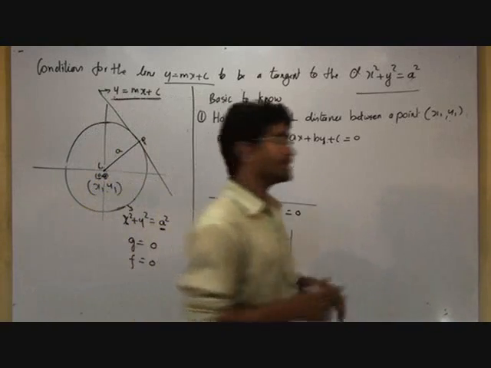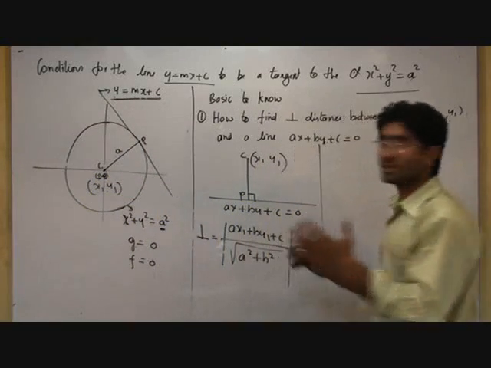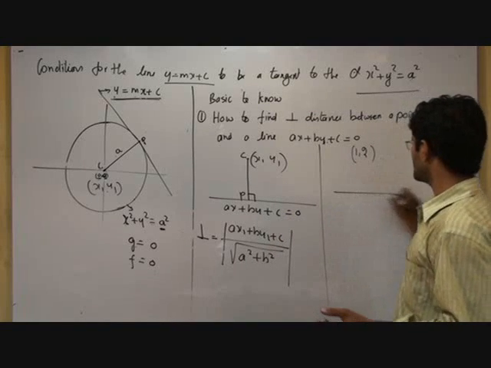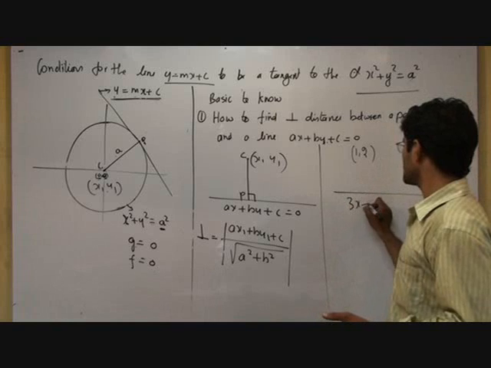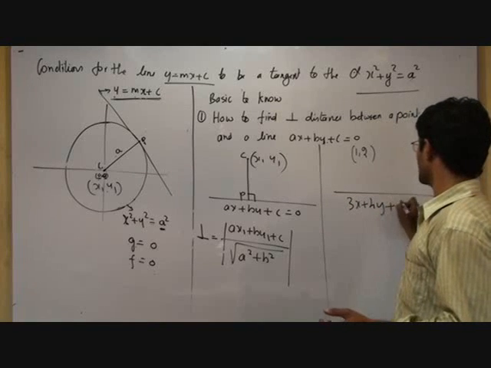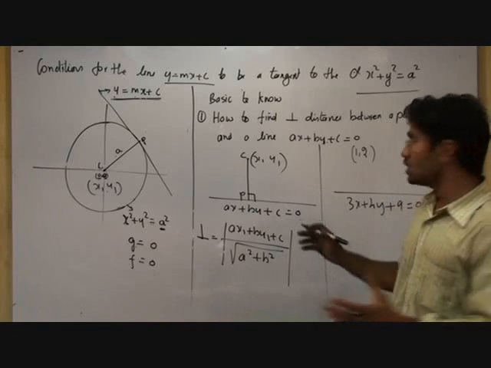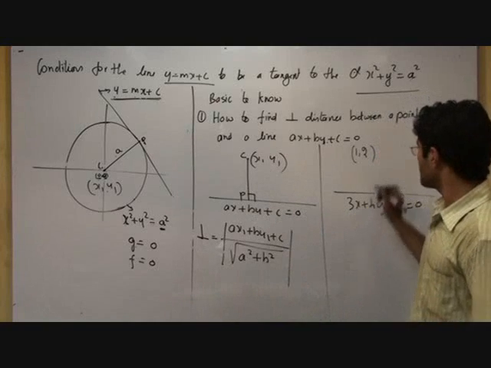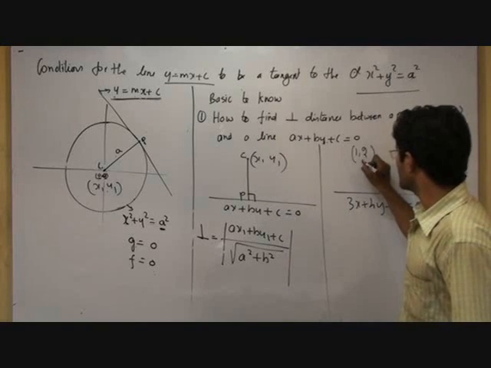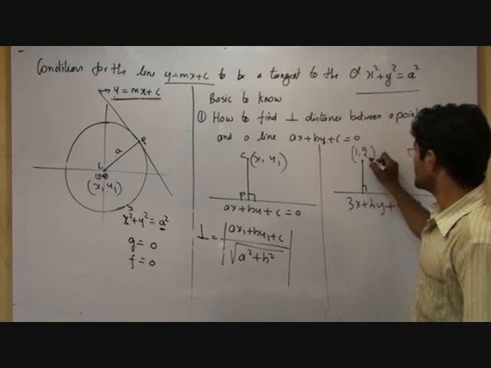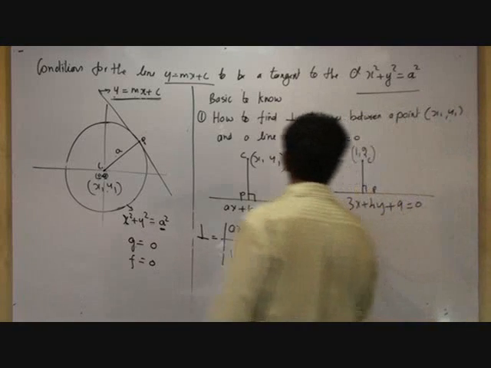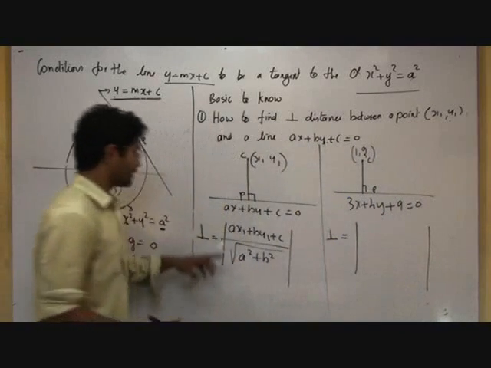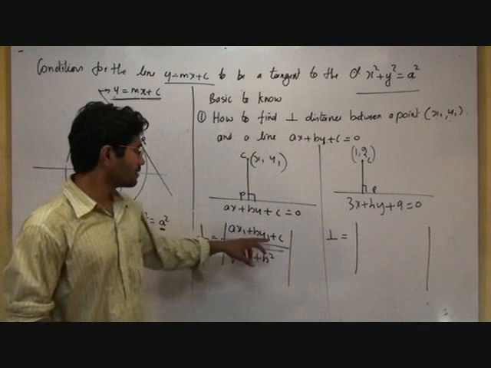To understand this better, let us consider an example. Let us say (1, 2) is a point and the line is 3x plus 4y plus 9 is equal to 0. How do I use this information in this formula? Look at this. This is my point, x1, y1, and I'm supposed to find out this distance, let us say CP again. So the perpendicular distance is given as modulus of ax1 plus by1 plus c.